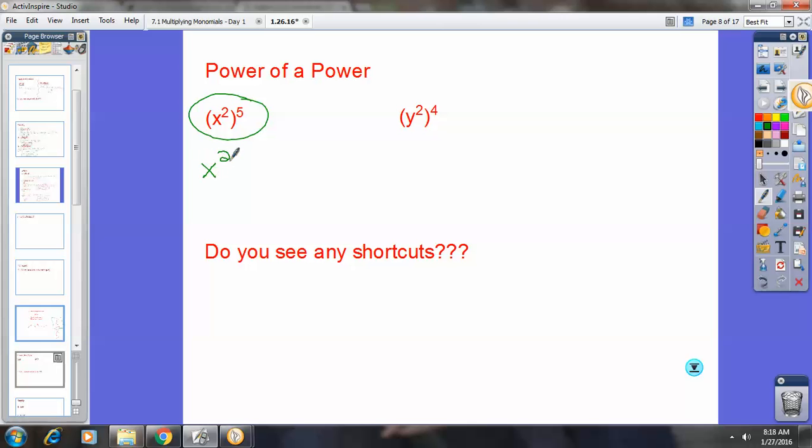We have x squared times x squared times x squared times x squared times x squared. Now, using yesterday's rule, what do we have? X to what power? 10. How did you get 10? Add the exponents. 2 plus 2 is 4, plus 2 is 6, plus 2 is 8, plus 2 is 10. X to the 10th power.